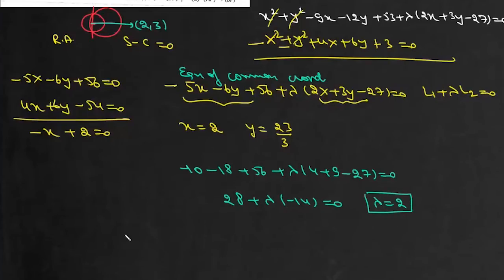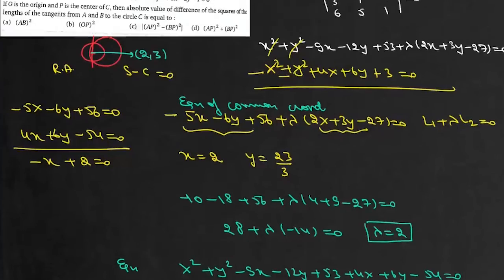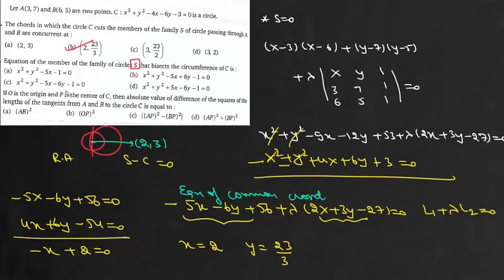We get the equation of this circle as x square plus y square minus 9x minus 12y plus 53 plus 4x plus 6y minus 54 equals 0, or it will be x square plus y square minus 5x minus 6y minus 1 equals 0, and that's your option C.